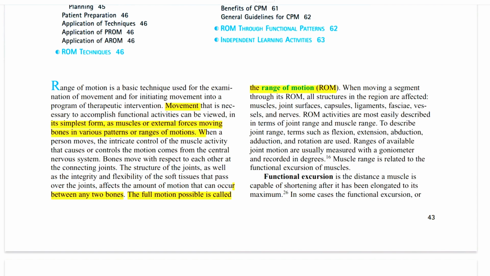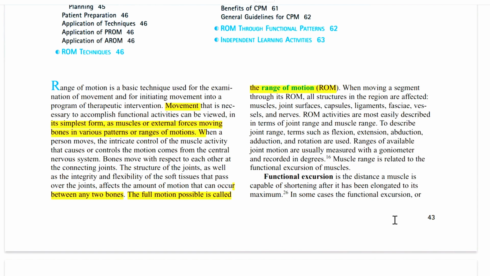You place the fixed arm on the fixed part of your body and your moving arm on the moving part, and you record these degrees. It can basically help you detect the patient's flexion, extension, abduction, adduction, and rotation range of motions easily. Okay, so you can measure joint range of motion with the help of a goniometer.